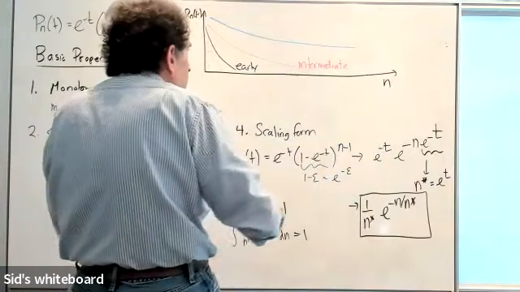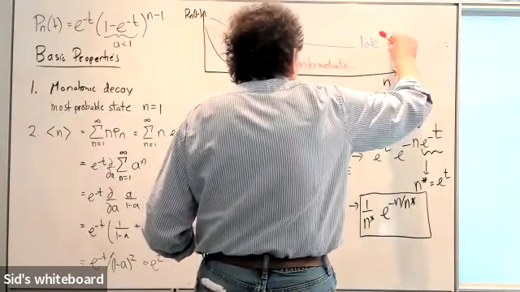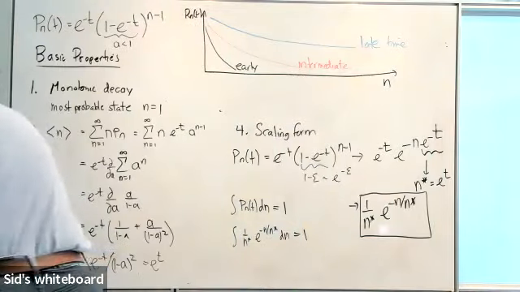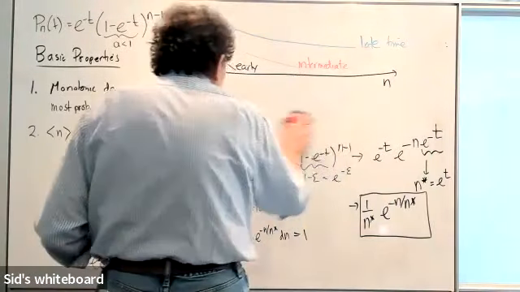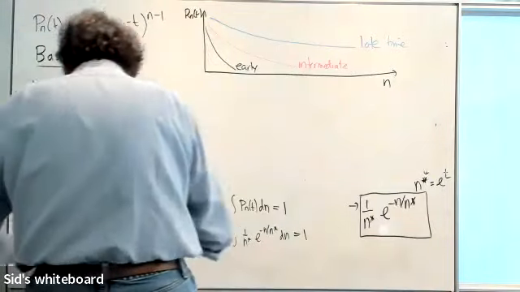And this is long time, late time. So instead of plotting this as a function of n, one plots it as a function of n divided by n star, the same distribution.